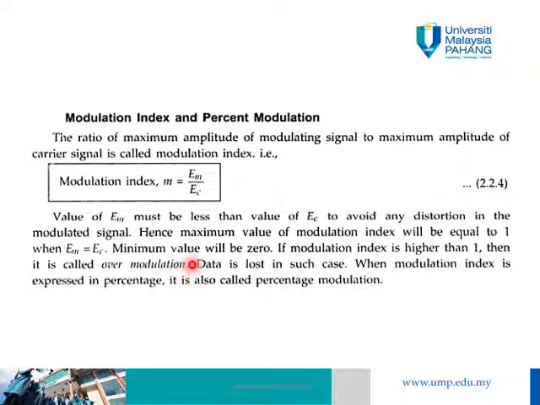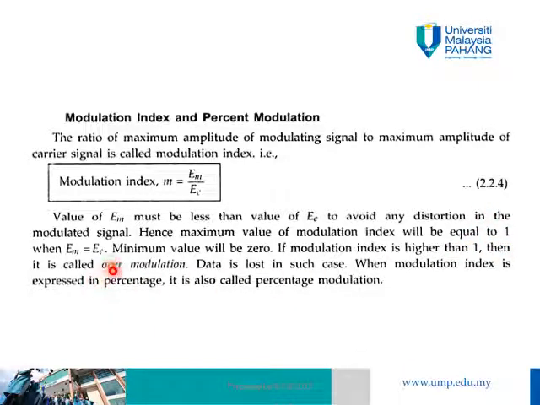So the maximum is 1. The best or good case is when EM is less than EC, so we have a modulation index less than 1. If EM is higher than EC, we will have a modulation index higher than 1.